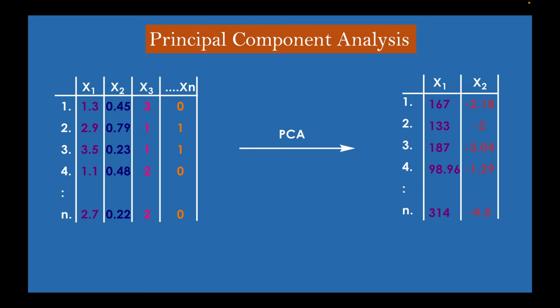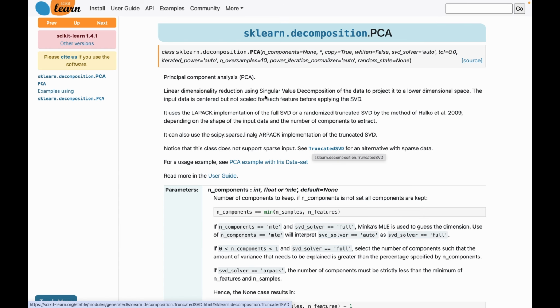So before I show you how it can be done practically, let me give you a brief description of the PCA class in sklearn's library. So what we need to do is first we need to import PCA class from sklearn.decomposition, and it will take in a parameter as number of components. Basically, we need to put in some integer values such as 2, 3 or 4, or the number of descriptors or components that we need.